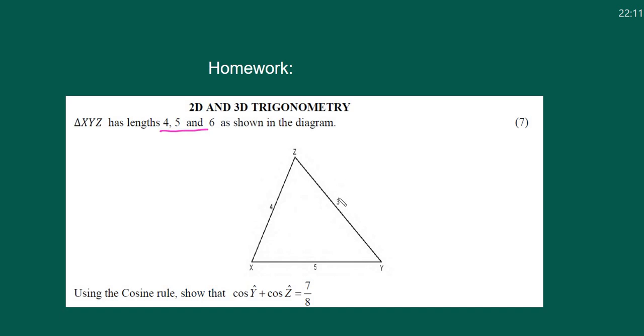No, this is a mistake, ne? It should be 6 here. Then we want to prove that it's going to be equal to this. So I'll send it in the group that you can give it a try. Otherwise, that is what we have for you for today, guys.